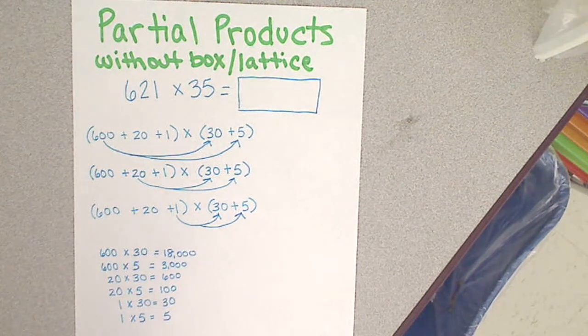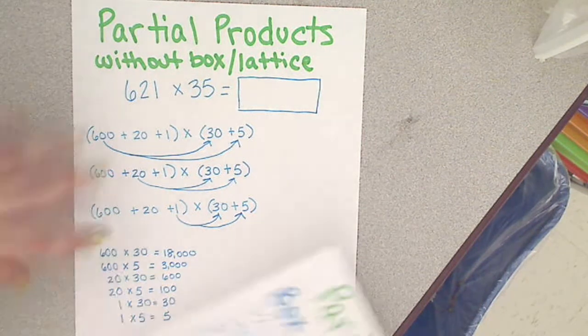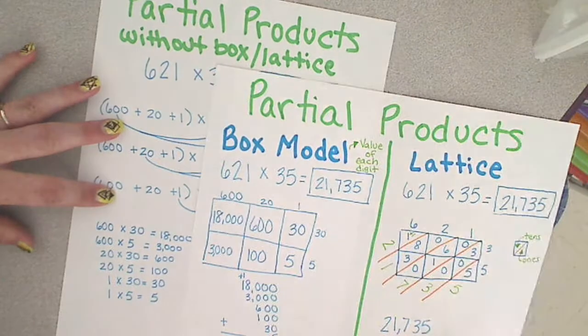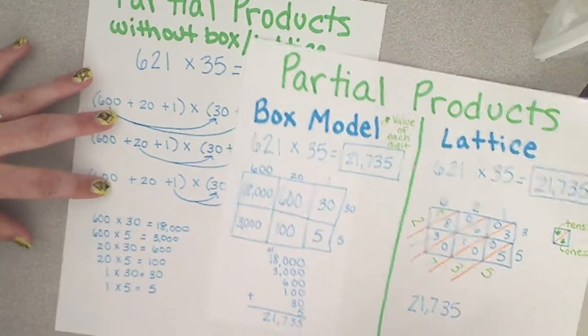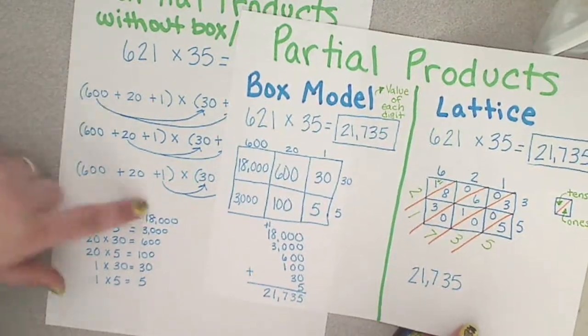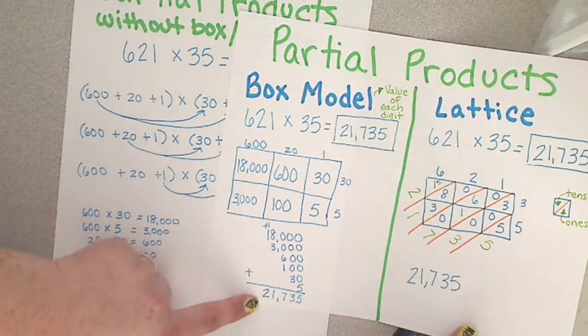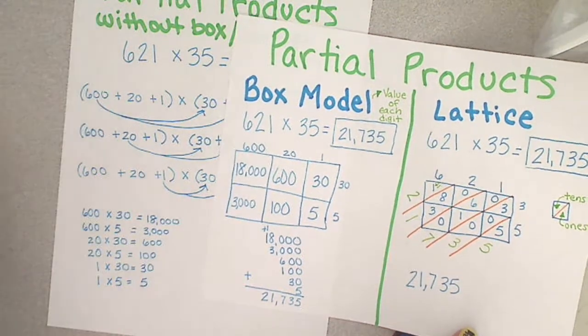Now, if you're thinking like me, then you're thinking, Ms. Pike, I've seen this before, because you have. Doesn't it look very, very similar to what we got with our box model? Just a different way to get it.